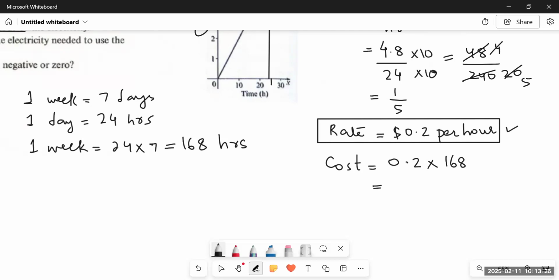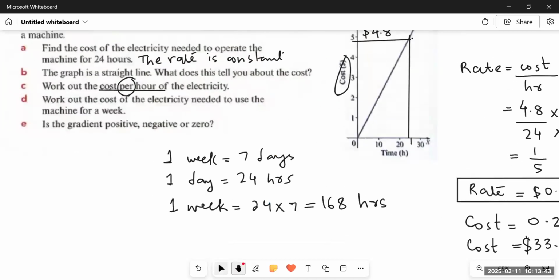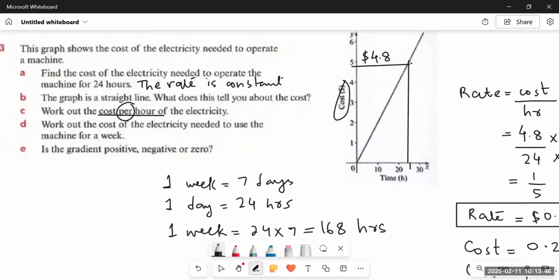So if we multiply 168 with 0.2, we will get the answer as $33.6. It means to operate the machine for a whole week, we have to pay $33.6. And is the gradient positive, negative, or 0? It clearly shows us that the line is going upward, so the gradient is positive.